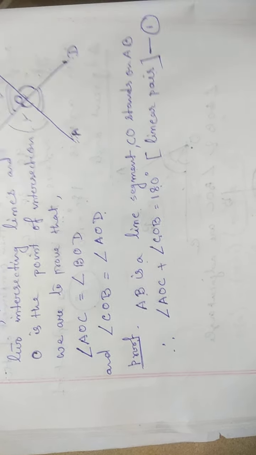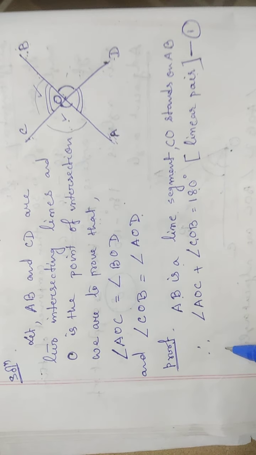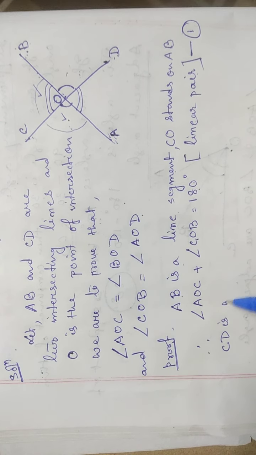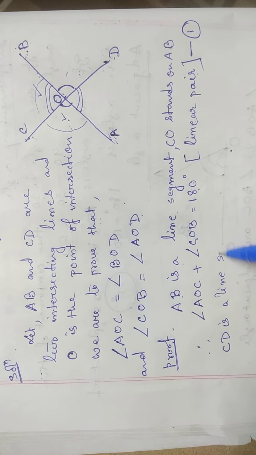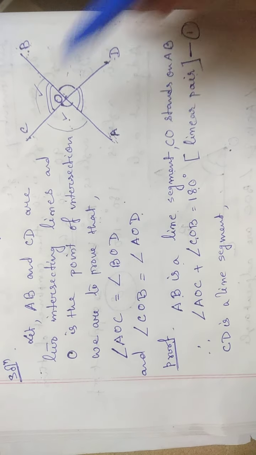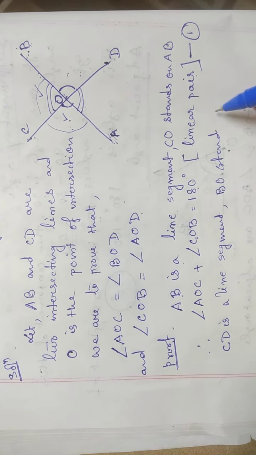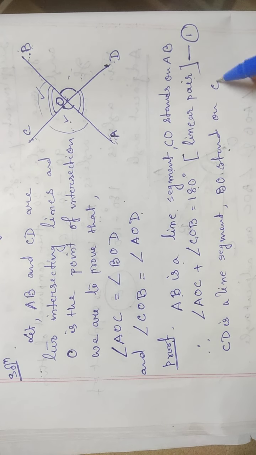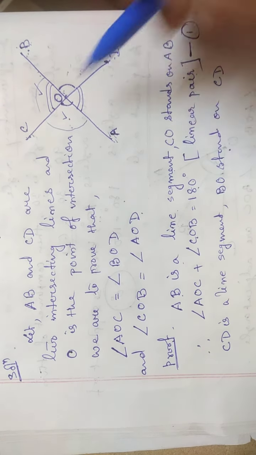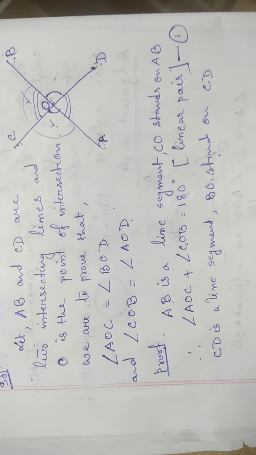Clear? Again you see, CD is a line segment and BO stands on CD. BO CD के ऊपर है. अभी देखो यहाँ पर भी दो एंगल बनाया. क्या एंगल बनाया?